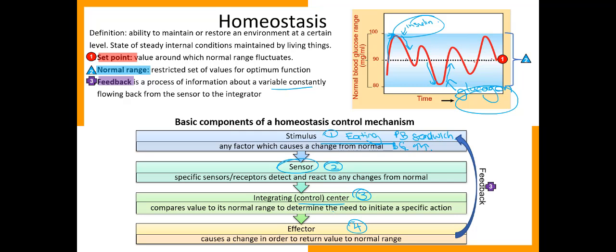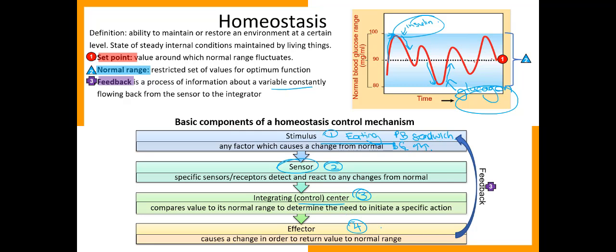Because of that increase in blood glucose levels with the peanut butter sandwich, the pancreas will say, yes, it needs to go down because blood glucose levels are going up too much. So I'm going to send a signal to the beta cells in the pancreas to release the hormone insulin.